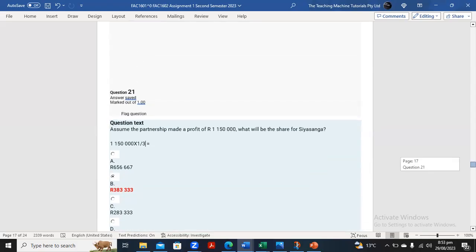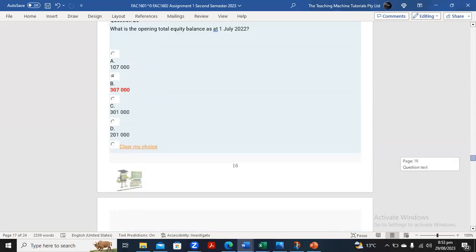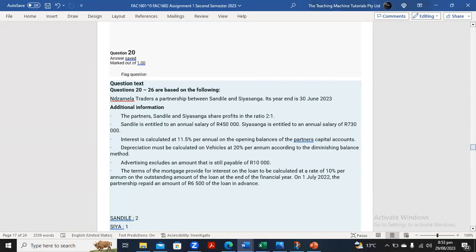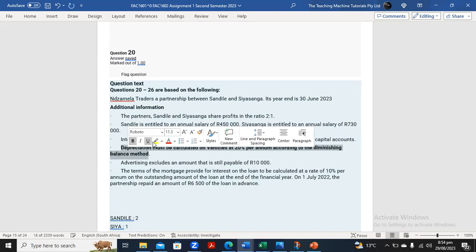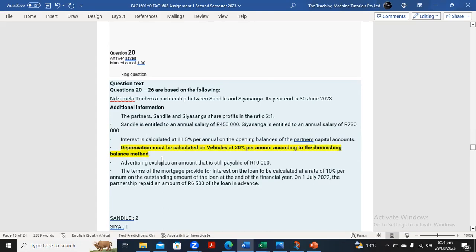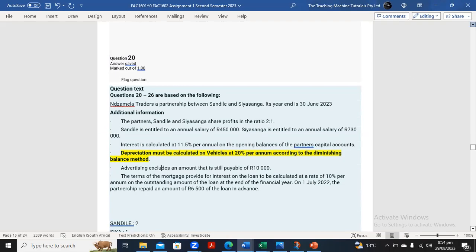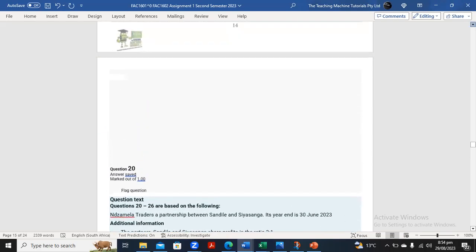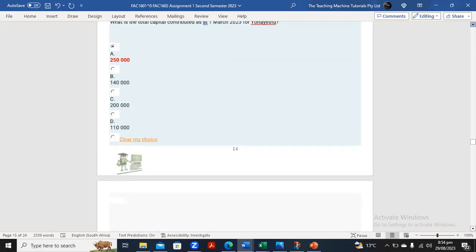Now they want us to calculate depreciation for vehicles. Depreciation is calculated using the diminishing balance method. So guys, you will use the method that we did on the previous question, whereby you take the cost price, you minus the accumulated depreciation, the difference you multiply by the rate.